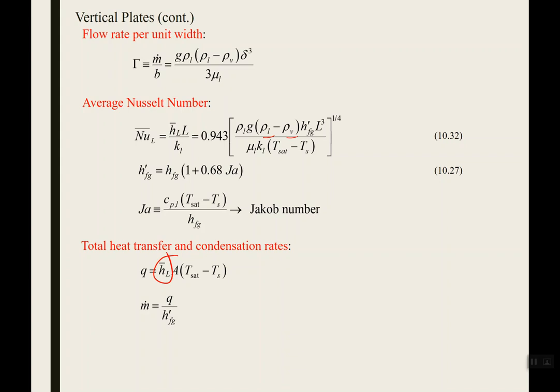So this is something, if you're solving a problem, you'd certainly want to understand if there's boiling or condensation happening, so you could use the appropriate equation. If you were to miss a detail like that, you're going to end up getting heat transfer coefficients that are way, way too small. Because if you use the proper equation, you'll find that boiling and condensation tend to drastically elevate the convective heat transfer coefficient.